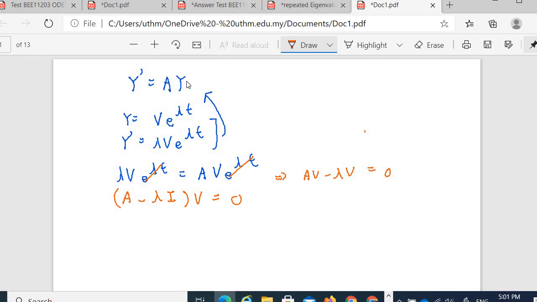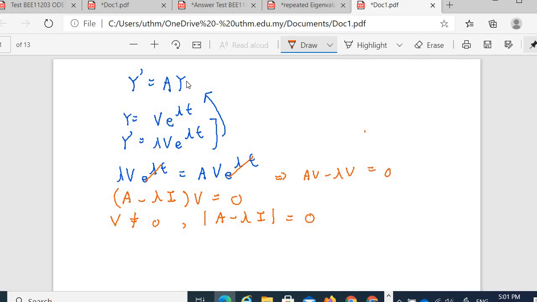After we cancel, we have Ab minus lambda b equal to 0. b cannot be equal to 0, because we already assumed the solution is a constant eigenvector multiplied by e to the lambda t, so the eigenvector b cannot be 0. The only possibility is to let A minus lambda I equal to 0.